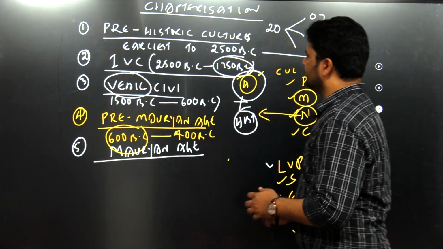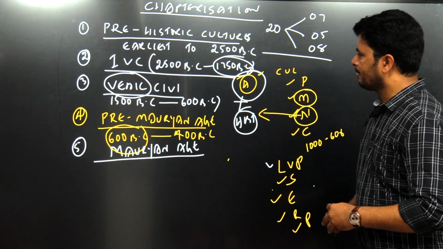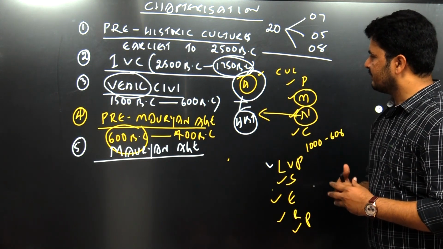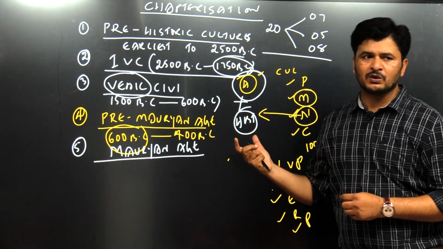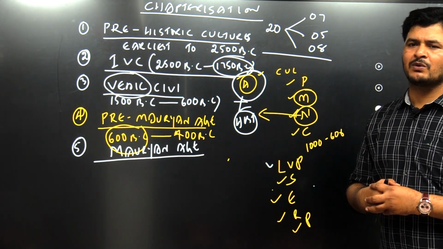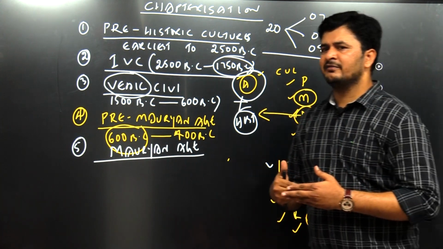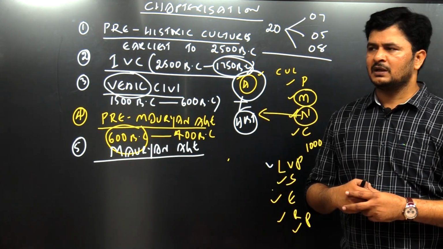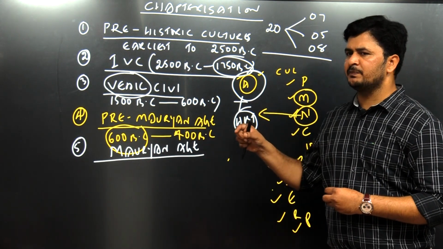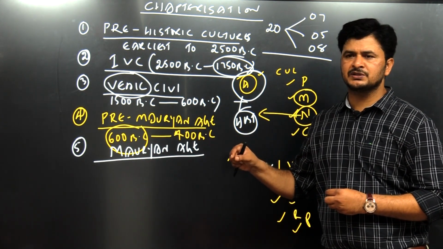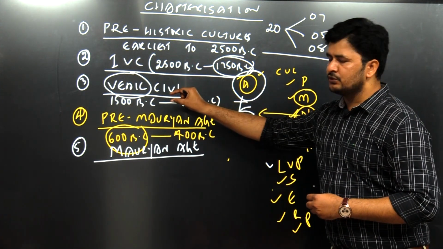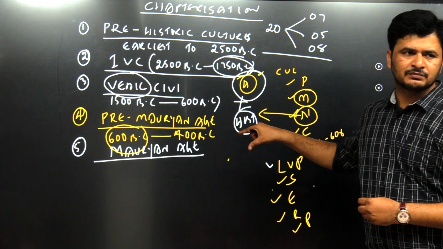So 2500 BC to 1750 BC, and according to your strategy 1750 BC to 1500 BC, what happened? It's quite interesting to know. Neither do we have archaeological sources, and forget about literary sources. As I was telling, we were forced to depend on archaeological sources, and from archaeological sources we get to know things from 1500 onwards.